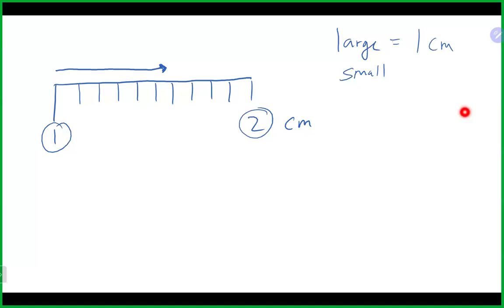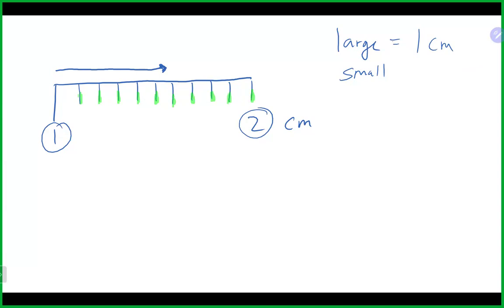Now, when we start counting, it's really important that you start counting correctly. Typically, you start counting the smaller markings after the last large marking. For example, the 1 was our large marking, so we would start counting here. That's 1, 2, 3, 4, 5, 6, 7, 8, 9, and we stop counting at the next large marking.